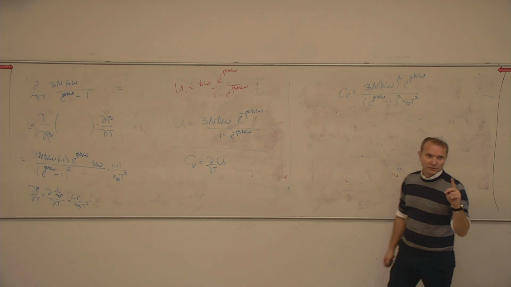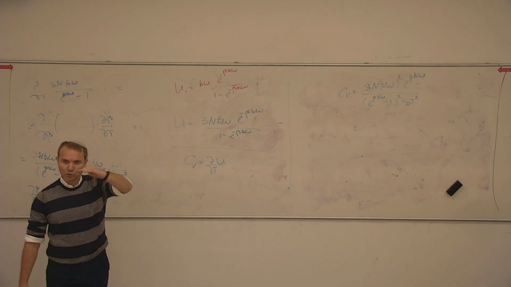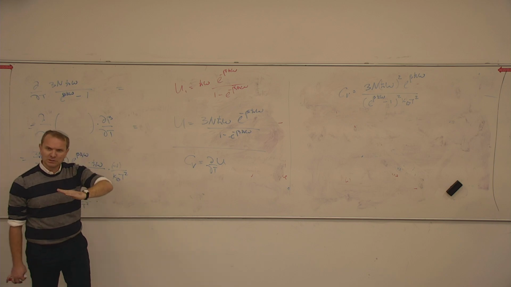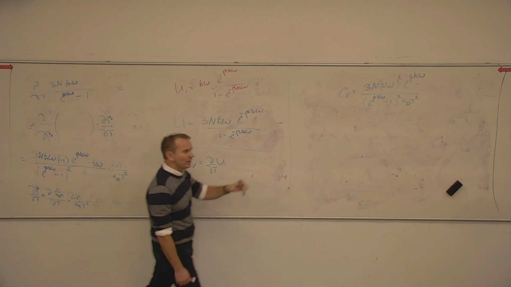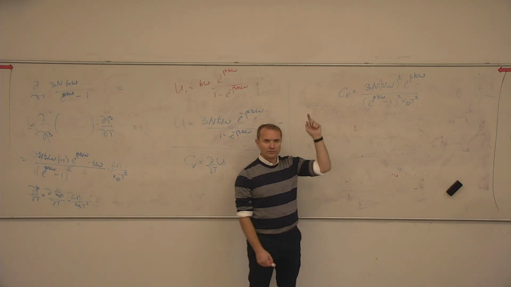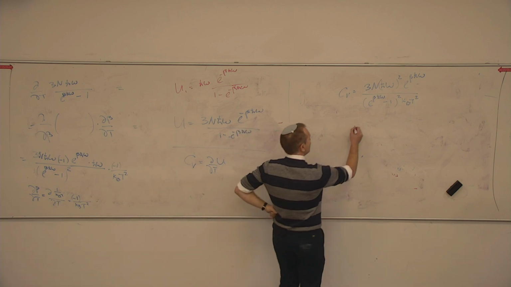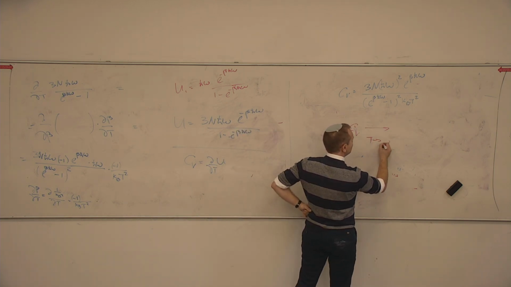Remember what the riddle was? The riddle was that I have an approach to a constant for high temperatures, and I have a very specific shape when the temperatures are going to 0. So we need to find the limit of this behavior for high temperatures and for low temperatures. So CV goes to what when T goes to infinity?